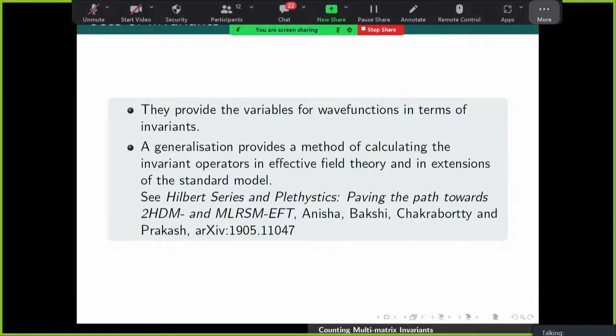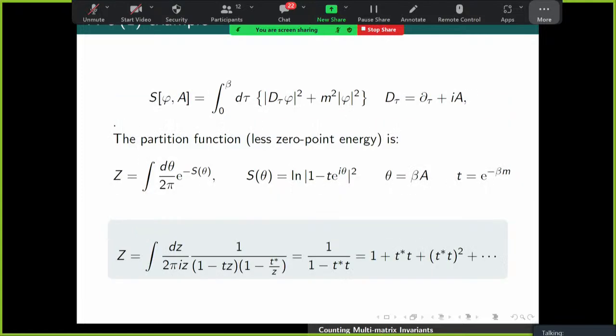And they're standard, and I've given one reference to that here. And I just wanted to show you how this counting works in the simplest setting, where one takes just a charged single variable. This is essentially a harmonic oscillator with a constraint that it should be invariant under this phase transformation.